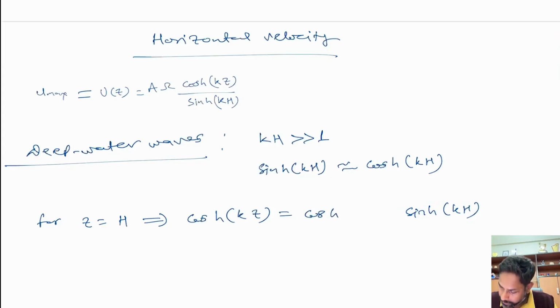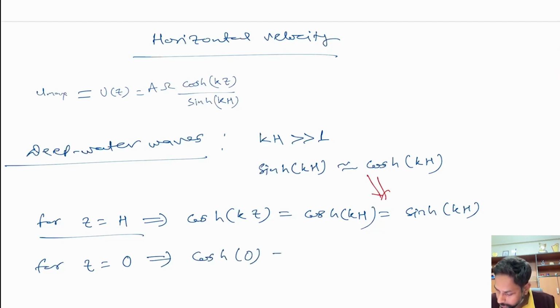Cos hyperbolic of KH is equal to this, right? So when we put Z equal to H, our cos hyperbolic of KZ becomes cos hyperbolic of KH, and that actually is the same as this, and this is coming from here, right? But when Z is equal to 0, that actually means that cos hyperbolic of 0 is equal to 1.